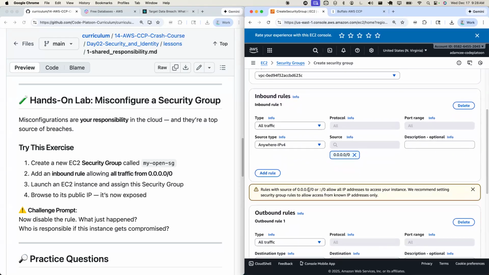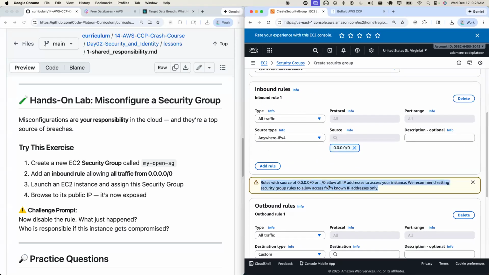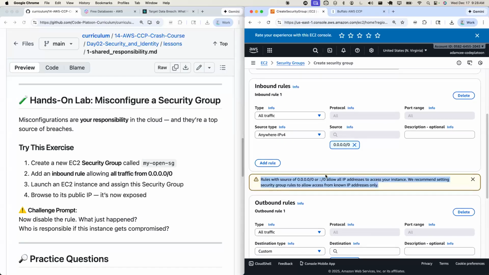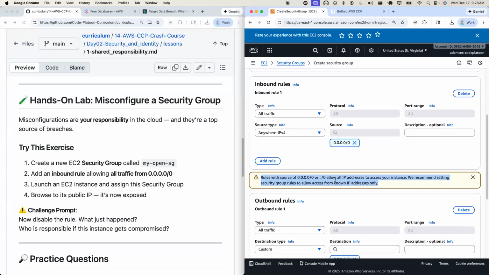Note that AWS is giving me a warning here that I'm basically letting anyone from the internet access any port here.